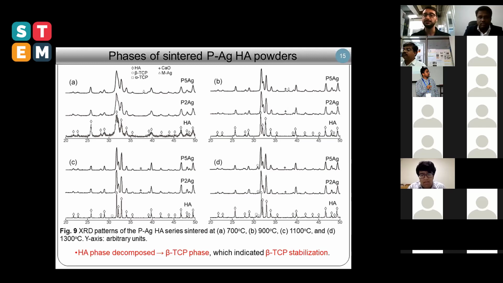However, the beta TCP phase decomposition still shows enhancement of the stabilization of the structure, because at the high temperature of 1300 degrees centigrade, beta TCP should transform to alpha TCP, like the calcium deficiency side. However, in this phosphate deficiency, it didn't decompose, and we could conclude this result as a stabilization of the structure in the case of silver on the phosphate deficient side.